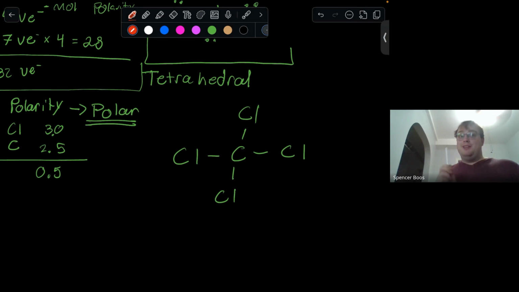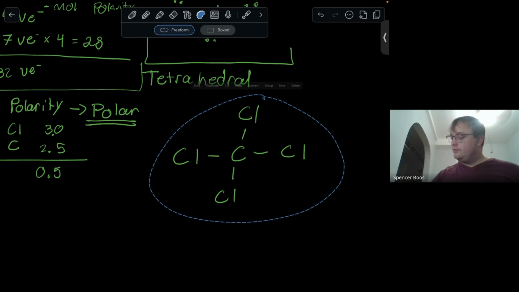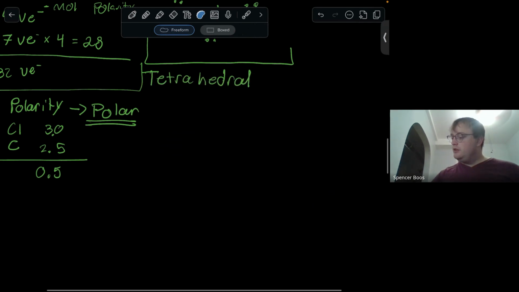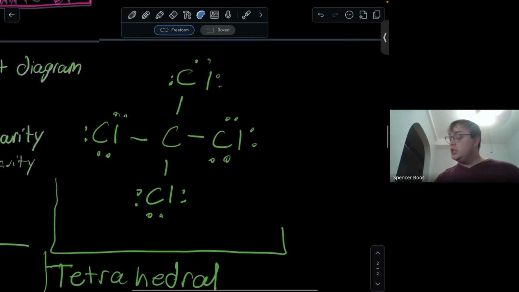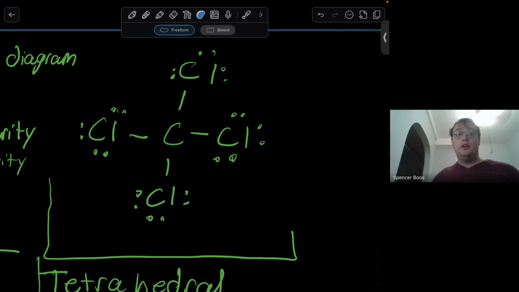The better way to figure it out, the best way to figure it out, look at your diagram. Where are your charges? Is everything symmetrical? Is everything nice, evenly distributed, or is it unevenly distributed?